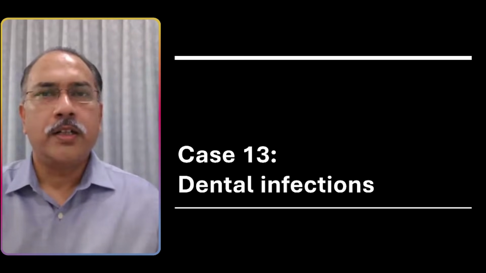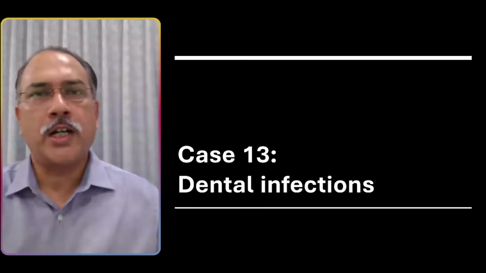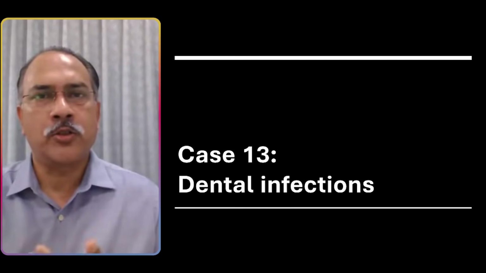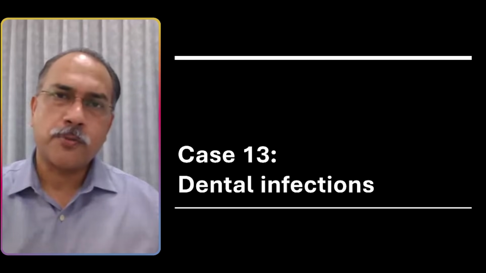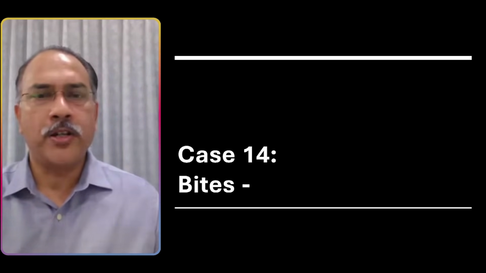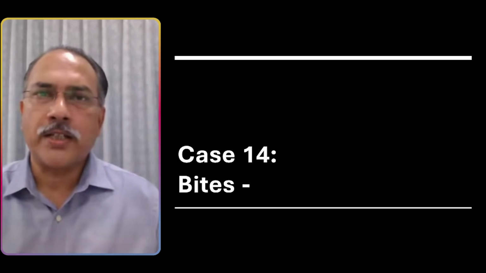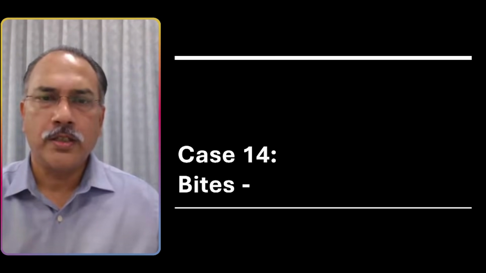Dental infections. Generally, dental infections will have anaerobic flora of the mouth and closed infections. So use amoxiclavulanic acid. Some dentists prefer to use ornidazole or metronidazole along with that. That depends on the severity of the infection. Bites, human bites, again, only amoxiclav.